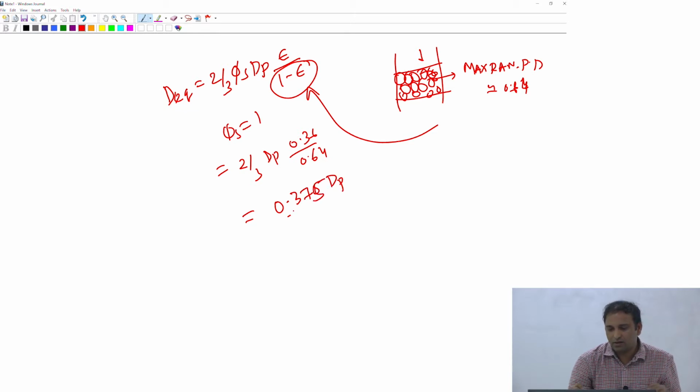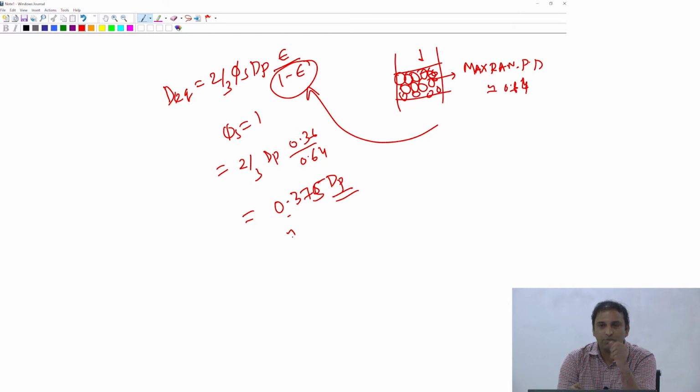This is a good exercise to do. What it tells you is that the diameter of the channels through which the liquid is flowing is much smaller than the dimensions of the particle itself, in this case of the order of 0.38 dp or something like that.